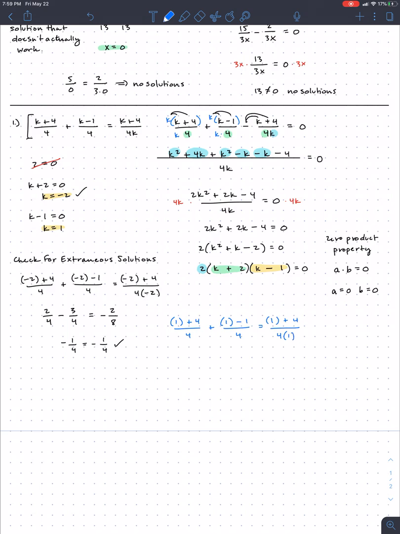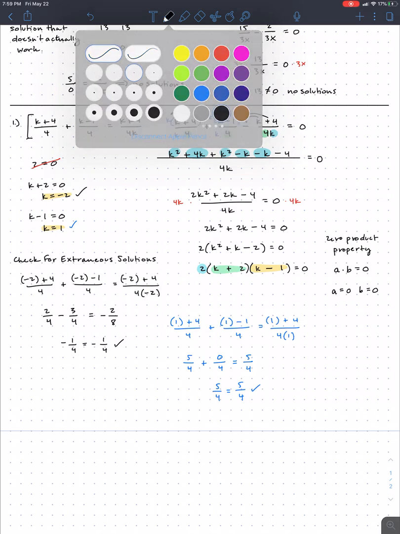All right. And we get 5 over 4 plus 1 minus 1 is 0 over 4. 1 plus 4 is 5 over 4. 0 in the numerator is going to become 0, so we have 5/4 is equal to 5/4. And they both check out.